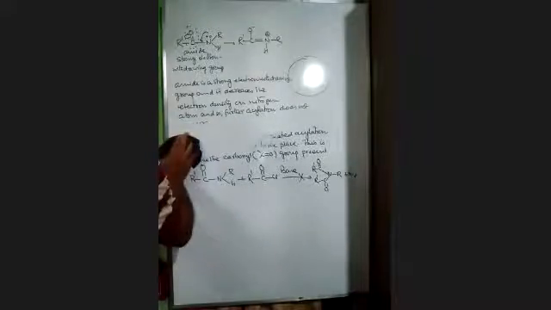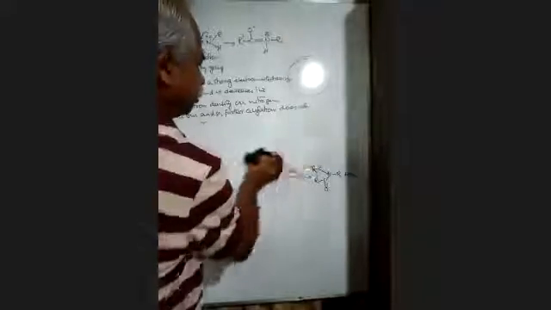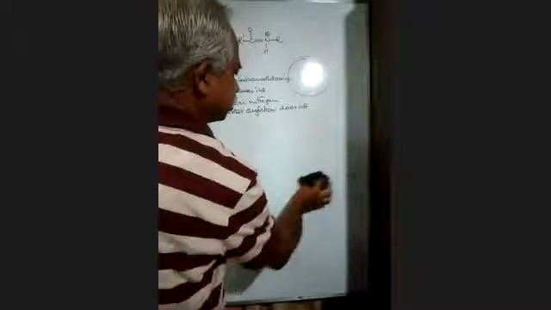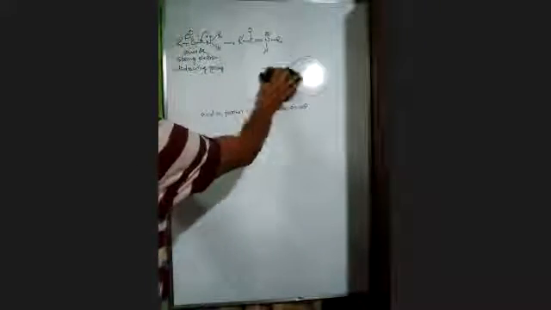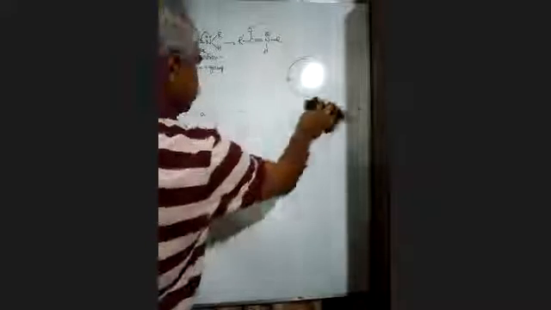Now we'll do a similar reaction. We have done the reaction with acid chloride. Now we'll do the reaction with sulfonyl chloride. You see, acid chloride we get from carboxylic acid, and sulfonyl chloride we get from sulfonic acid.